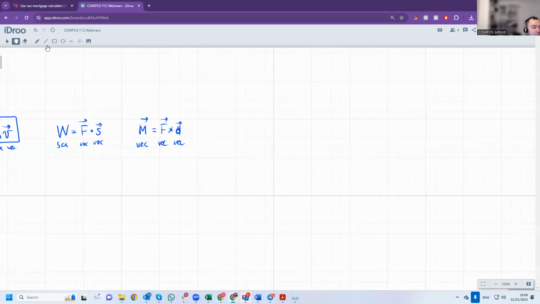So if you have a pivot, and there's a force, and this is the distance to A, you take the component of the distance which is perpendicular to the vector.